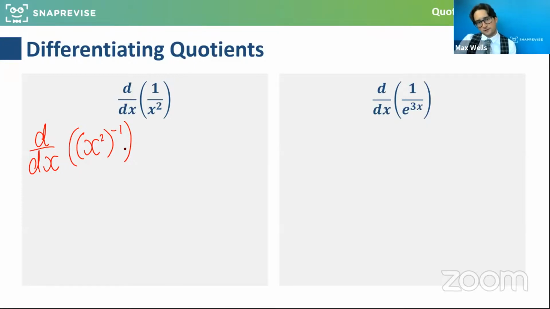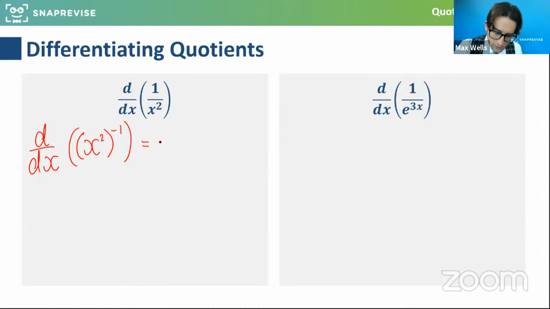So there are ways of sidestepping and avoiding the quotient rule, but it does help if you know the rule when it becomes more complicated. So do we all see that we could treat that as x squared to the minus 1 and then go, okay, it's a function in a function.